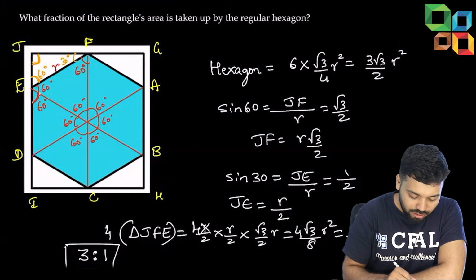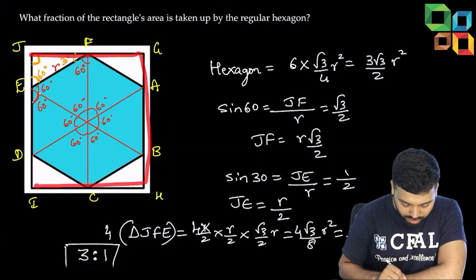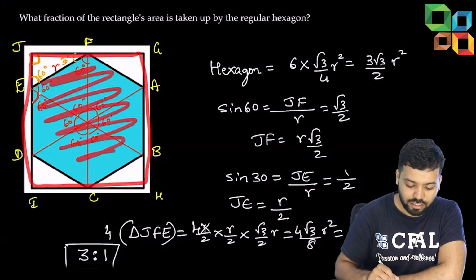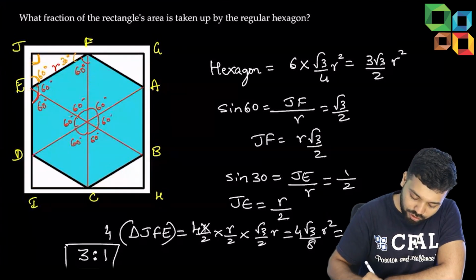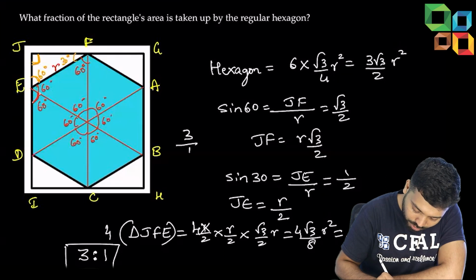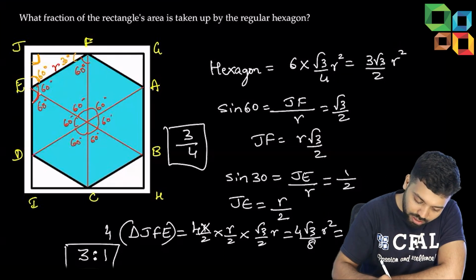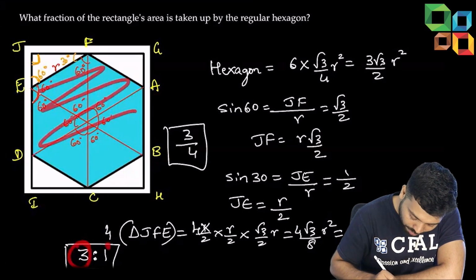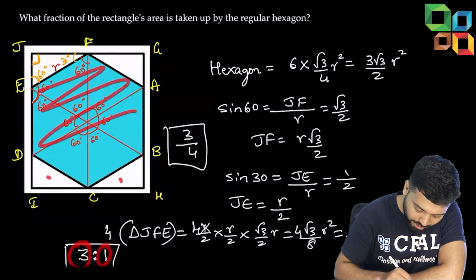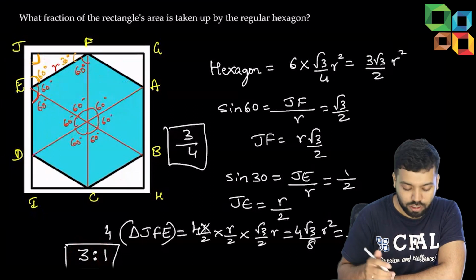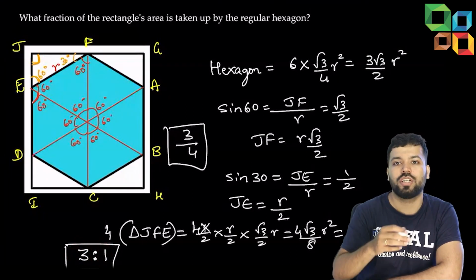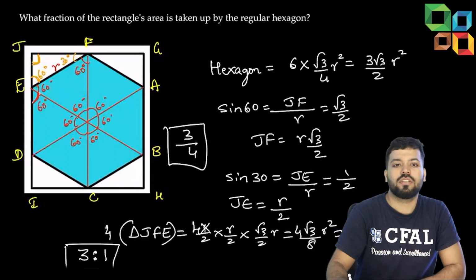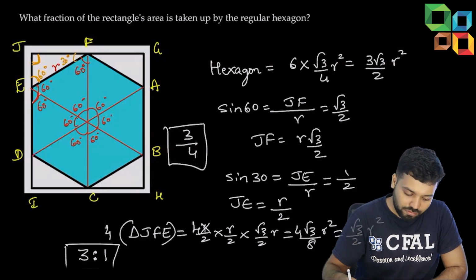They are asking what fraction of this area is covered by the hexagon, so that will be 3/4. Why? Because you have 3 parts of area which is hexagon and 1 part which is the smaller triangles. So totally there are 4 parts, out of which 3 parts is hexagon. So 3/4 is the answer.